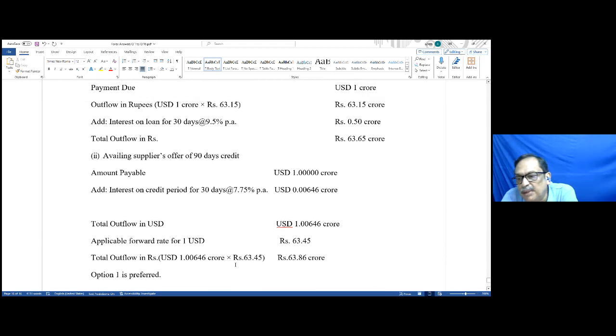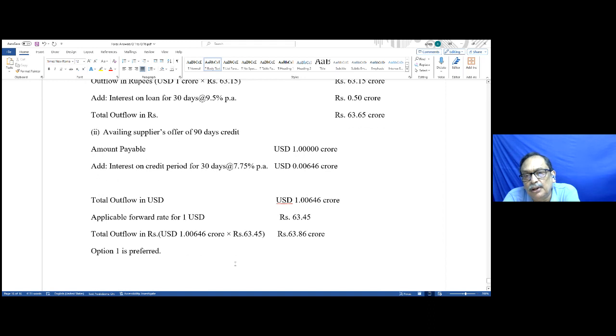Availing the supplier's offer of 90 days credit, amount payable is US dollar 1 crore, add interest on the credit period for 30 days at 7.75% per annum.